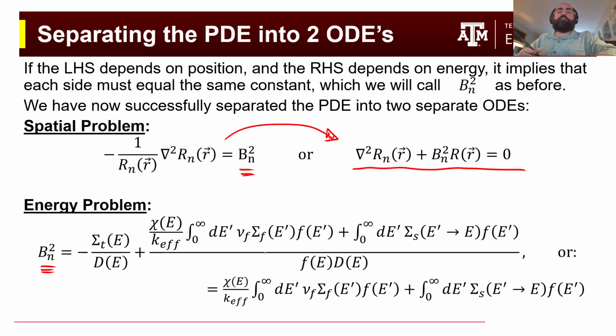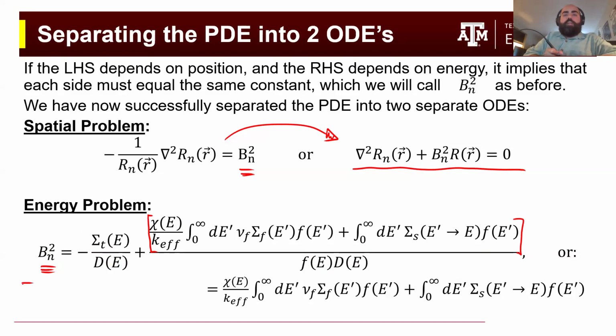If we do some manipulating to get this term by itself, we multiply both sides of the equation by f and by d, and then we also move this sigma t term to the other side, and do some algebra.